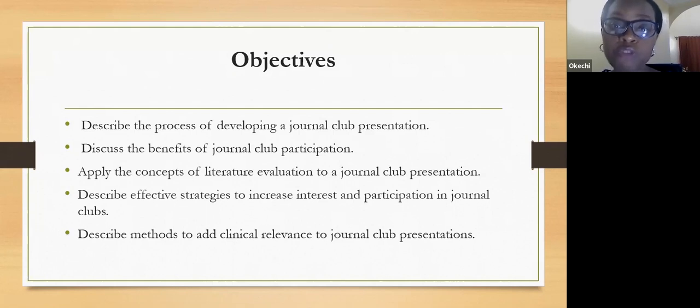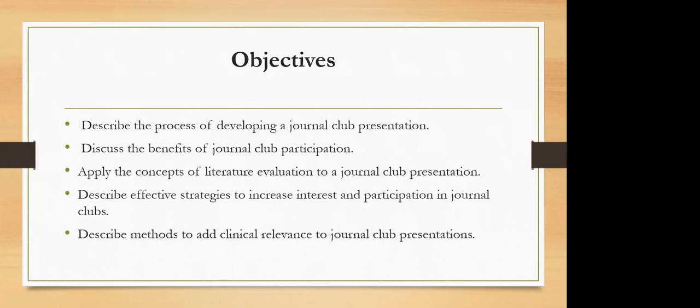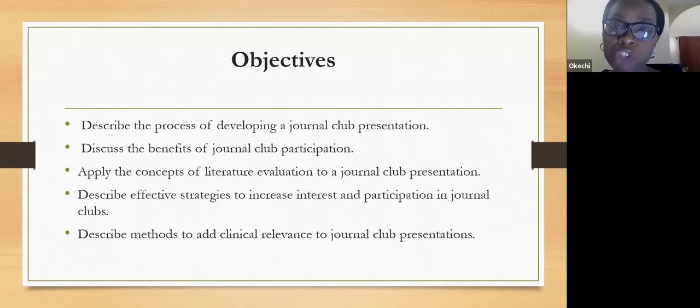We've been presenting journals in all the meetings we've been having, then discussing the benefits of journal club participation, applying the concepts of literature evaluation to a journal club presentation, then describing effective strategies to increase interest and participation in journal clubs, then also describing the methods needed to add clinical relevance to journal club presentation.